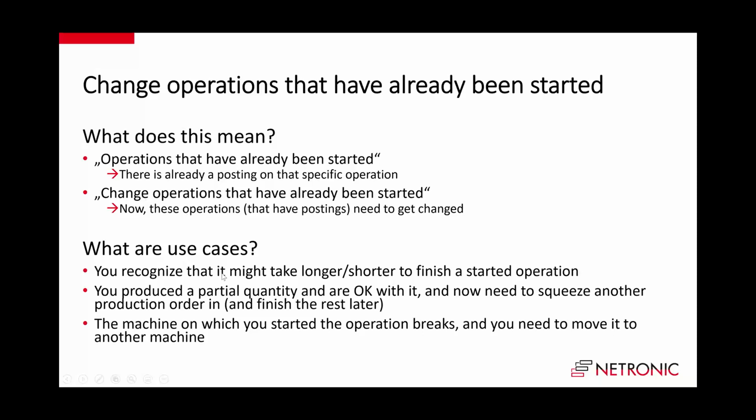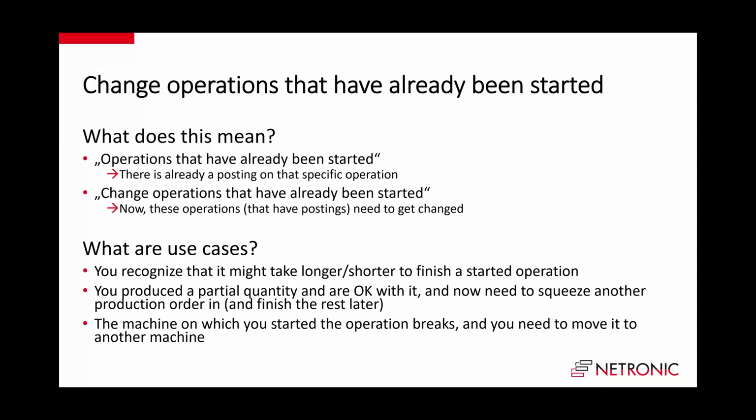And then the other thing is maybe you started to produce on it and the machine breaks because the machine had some issues, and then you need to move this to another machine either to finish or to start it anew. So these are typical use cases.